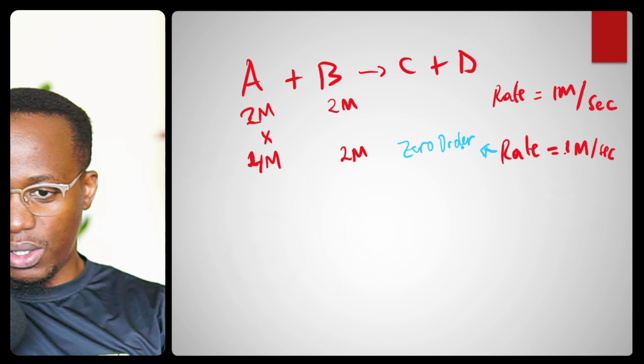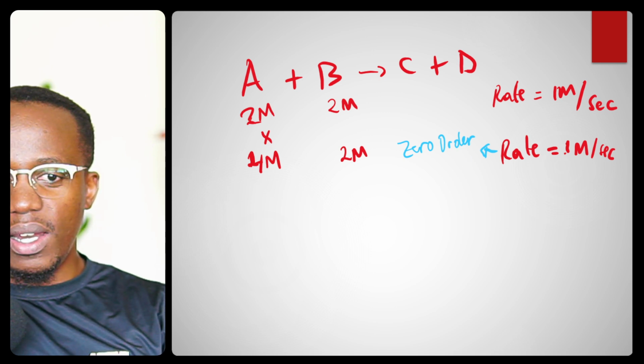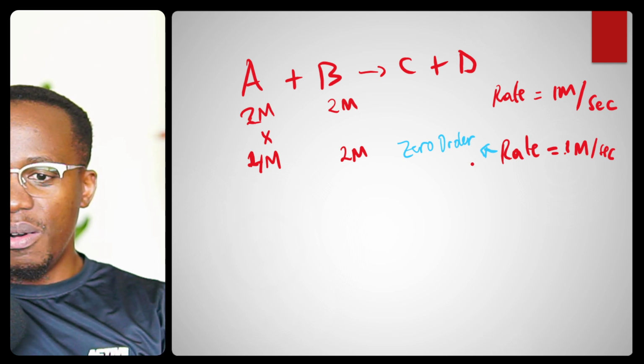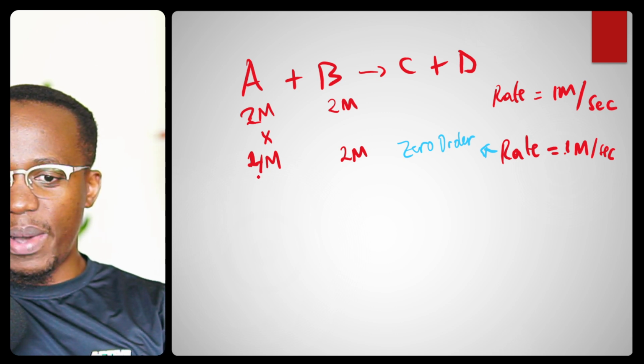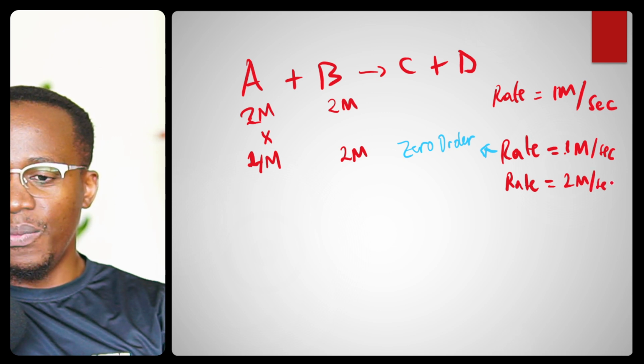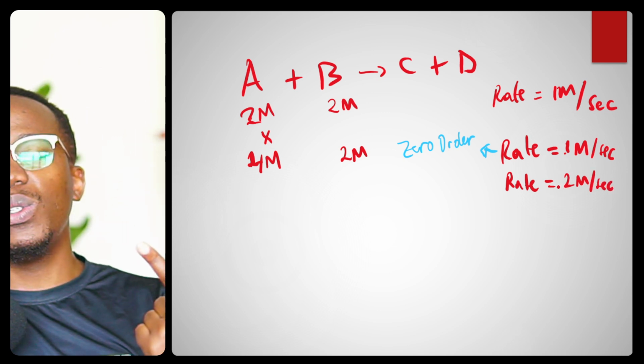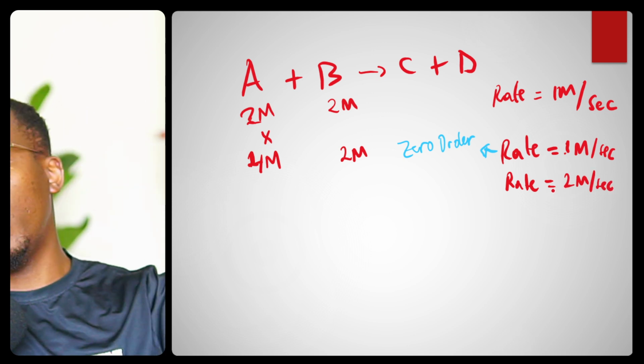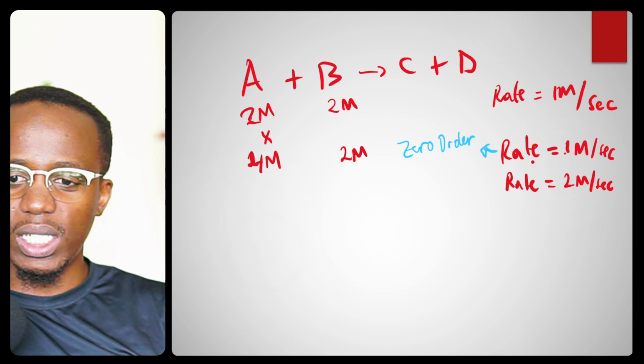Zero order reaction. But what if when you multiply this A by 2, then the rate also multiplies by 2? So the rate goes from 1 molar per second to 2 molar per second, right? So every time you multiply by 2, it multiplies by 2. You multiply by 3, it multiplies by 3. It's a one-to-one relationship.